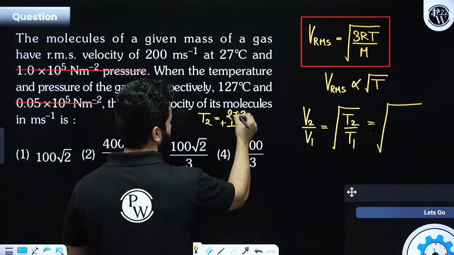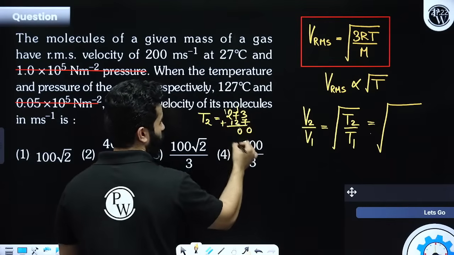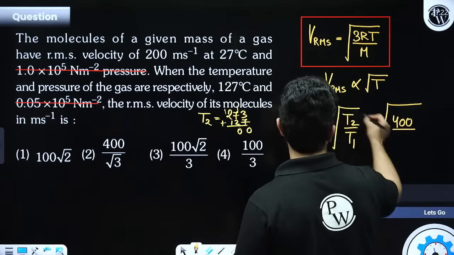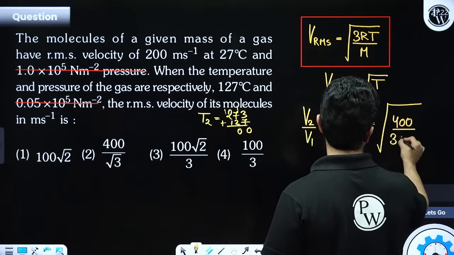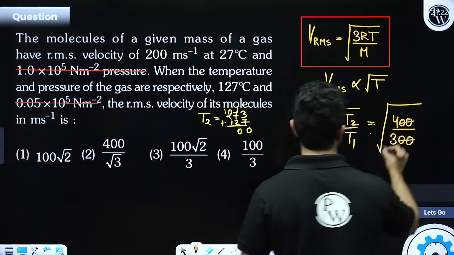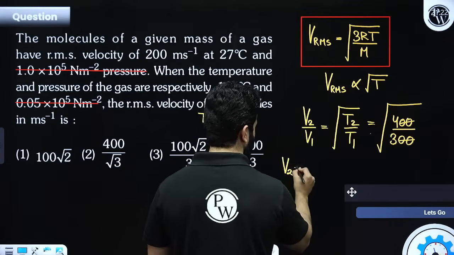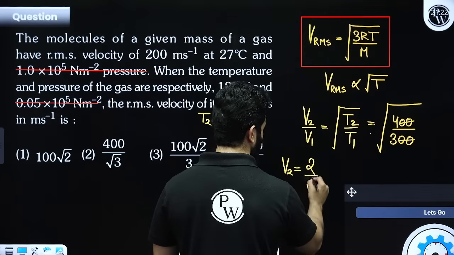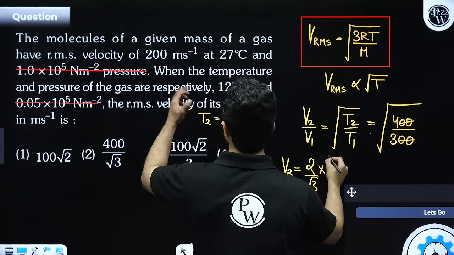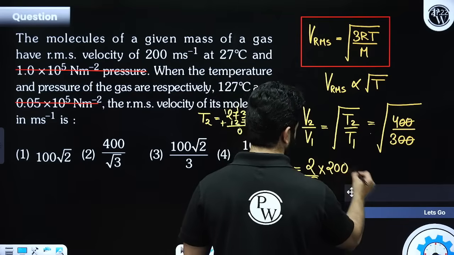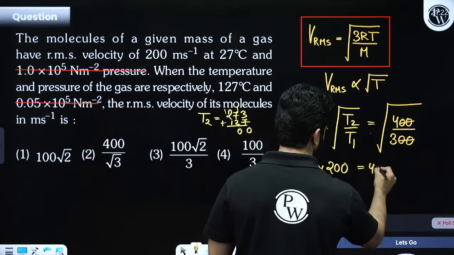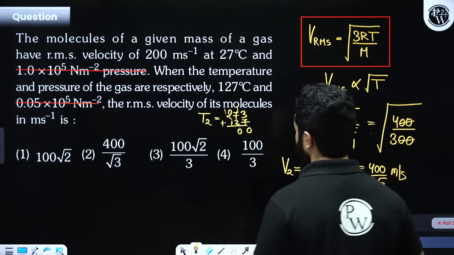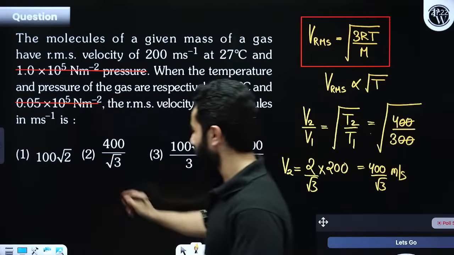So this will be 400 Kelvin, and T1 is 300 Kelvin. The zeros cancel out. So V2 will be 2 by root 3 multiplied by V1, and V1 is 200. That means the answer will be 400 by root 3 meter per second. That means option B.